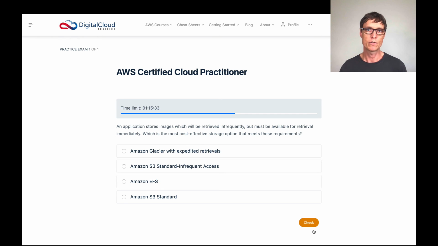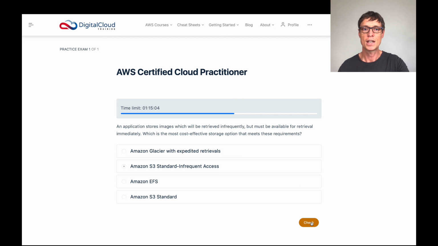Now, you do pay a retrieval fee, so you've always got to account for that as well. When you retrieve data with S3 Standard Infrequent Access, you pay a retrieval fee, whereas with standard you don't. But with standard you pay more for the time that the data is stored there. So for me, the correct answer is infrequent access, because it's lower cost than standard, it still gives immediate access, and it's designed for infrequent storage. So I think that's the most cost-effective option.